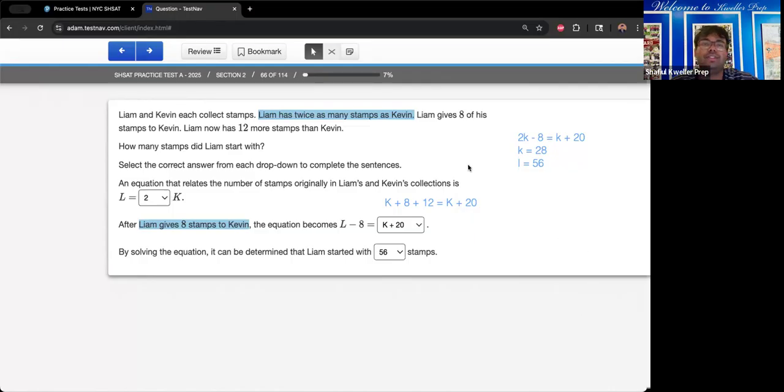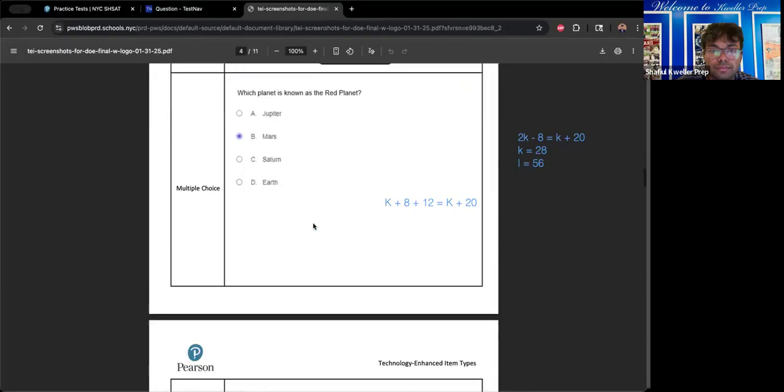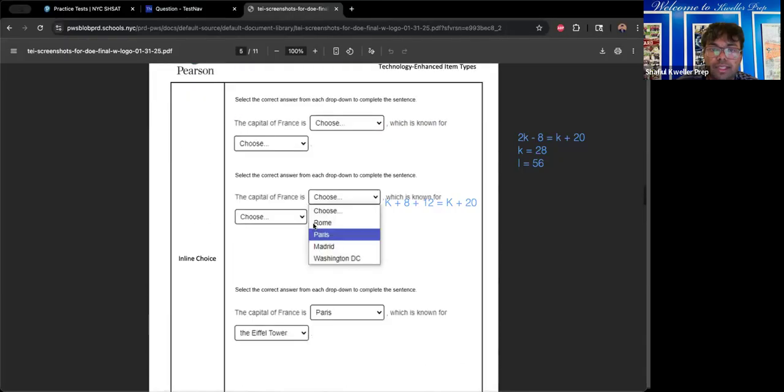This is not a gridded question. This is just a different type of, I forgot what the name is. Inline choice.